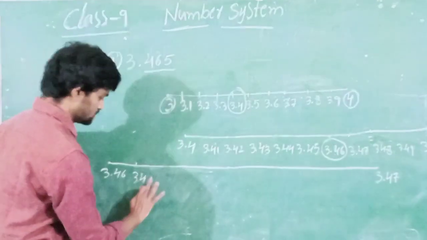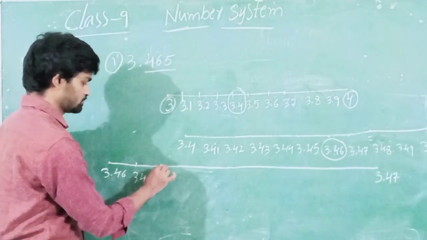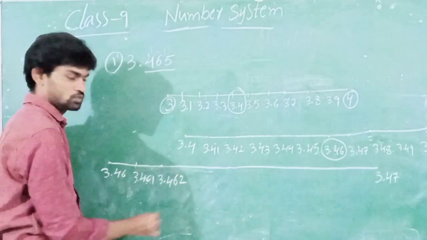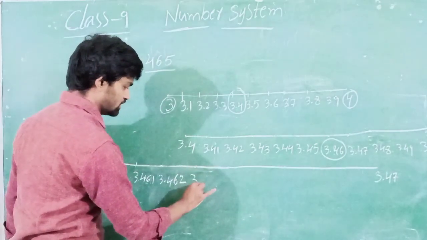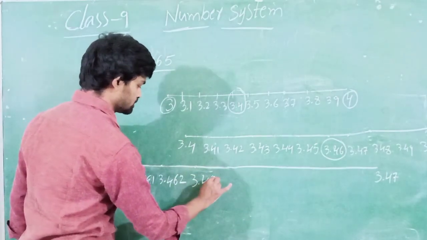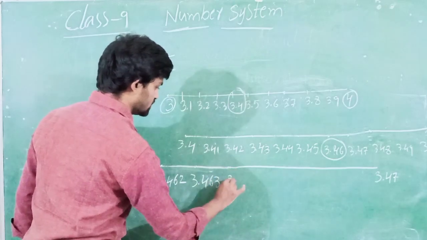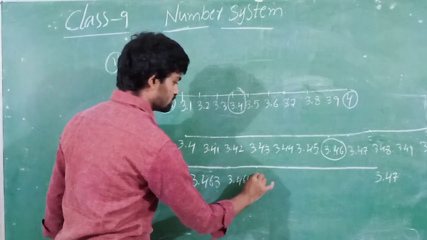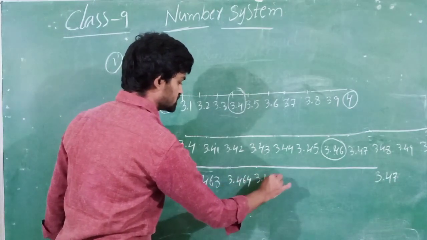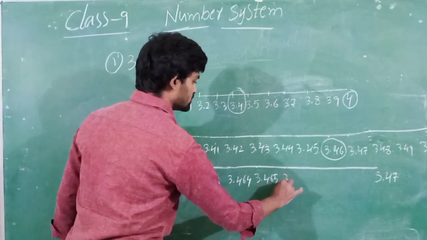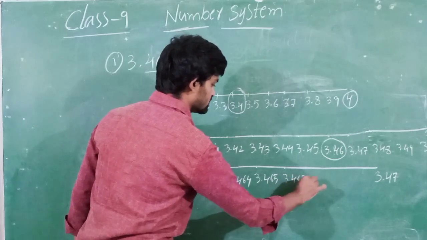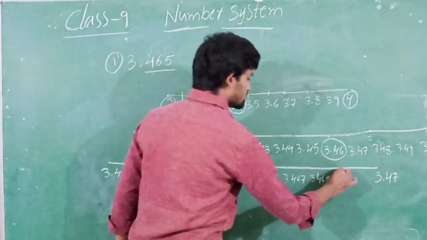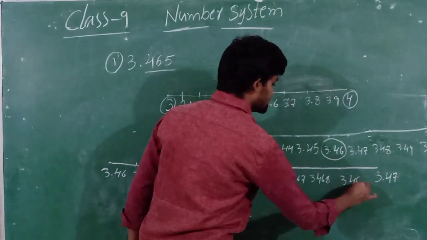So this is 3.461, 3.462, 3.463, 3.464, 3.465, 3.467, 3.468, 3.469.